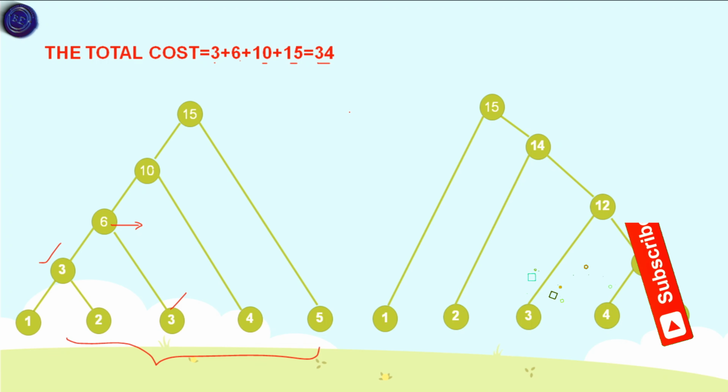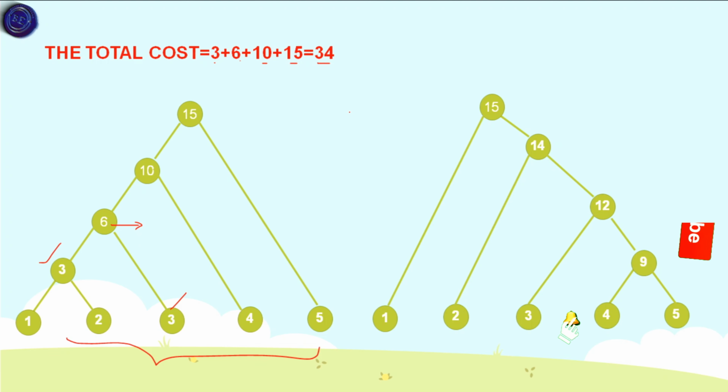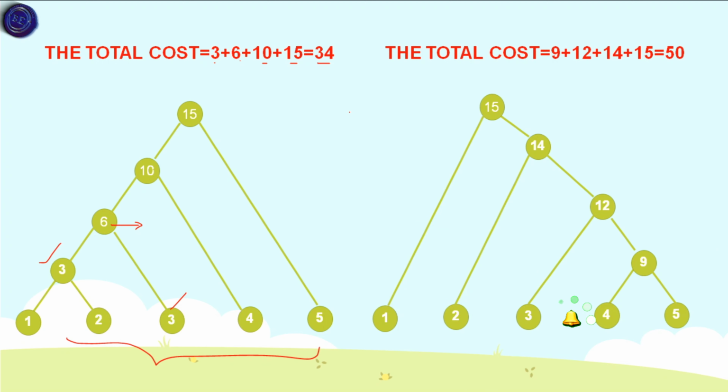The total cost achieved in this example is 50. So we have one method in which we reduce the total cost. That is the optimal solution for this example.